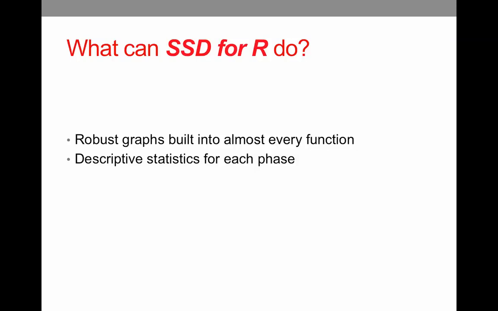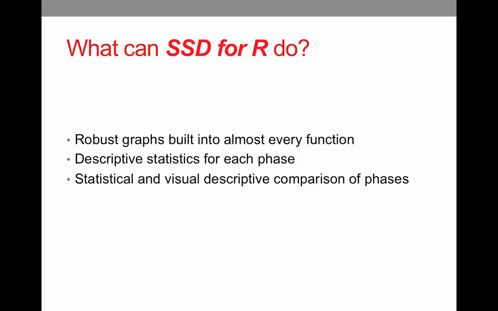So you can get all types of descriptive statistics for each phase. And there are statistical and visual descriptive comparisons across phases, so you could compare a baseline phase to one or more intervention phases.